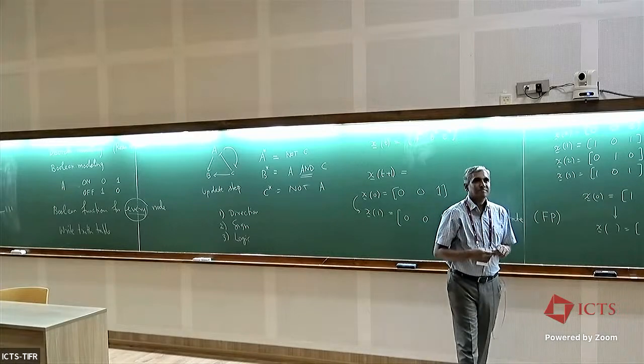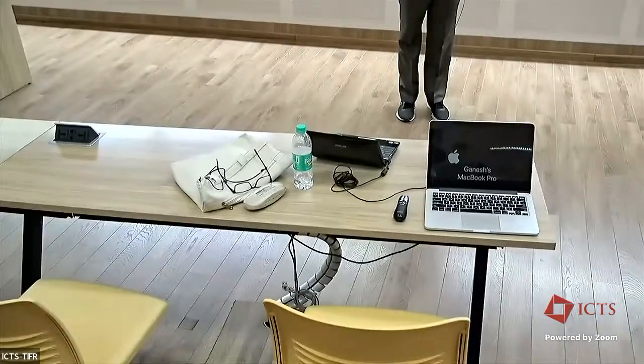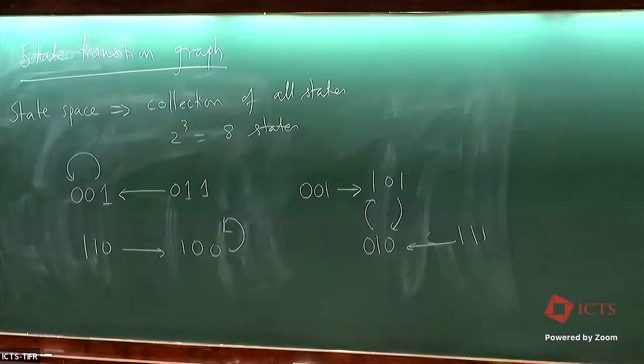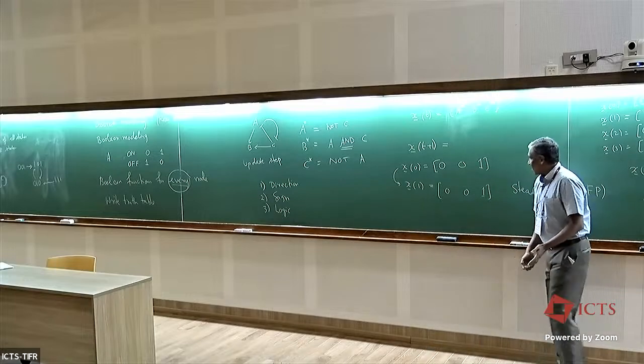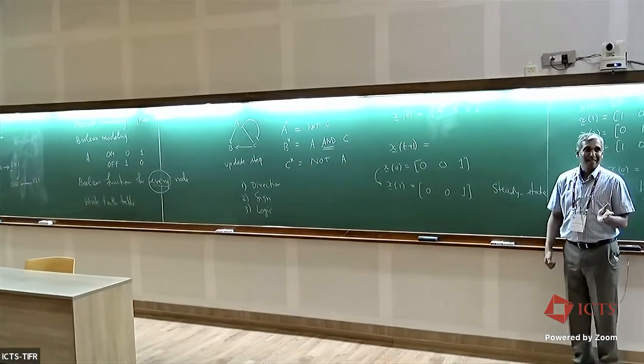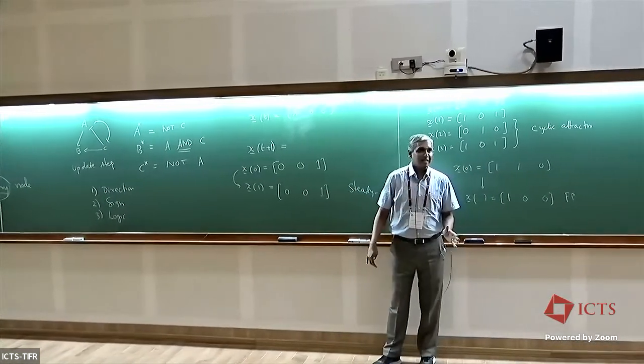If a state transition graph is deeply connected, can you say that there is only one steady state, or can there be multiple steady states? In this simulation that I just showed, a very important feature which I didn't specifically say for a reason is that I am updating all the states simultaneously.